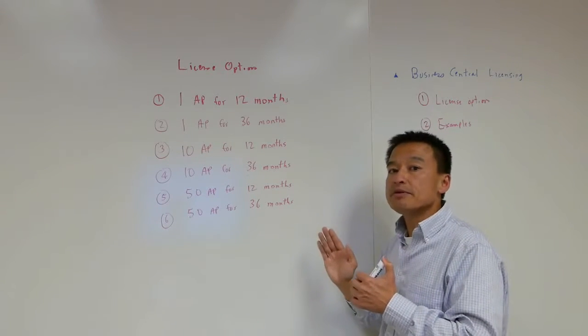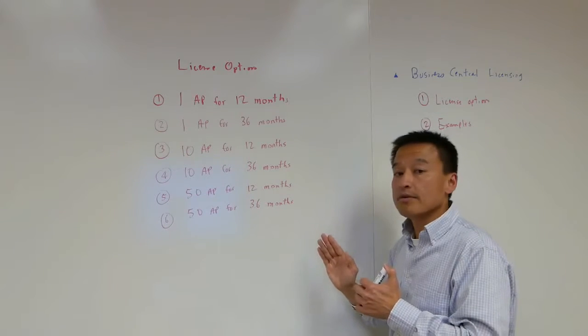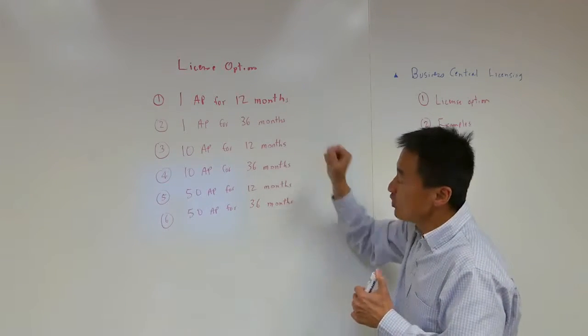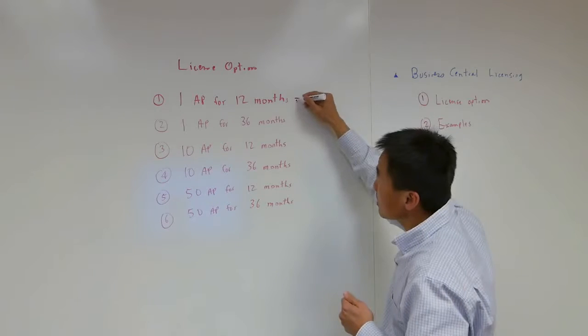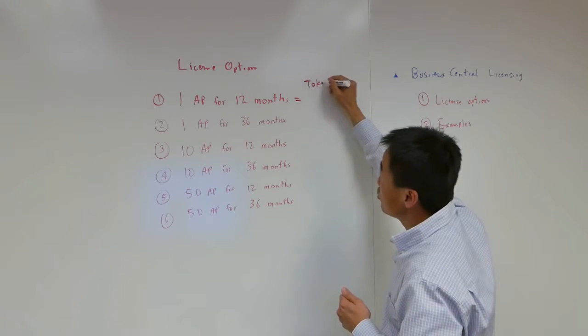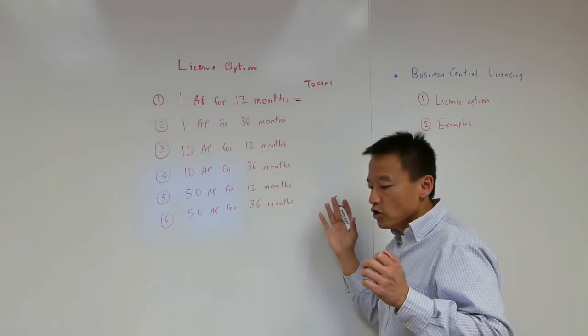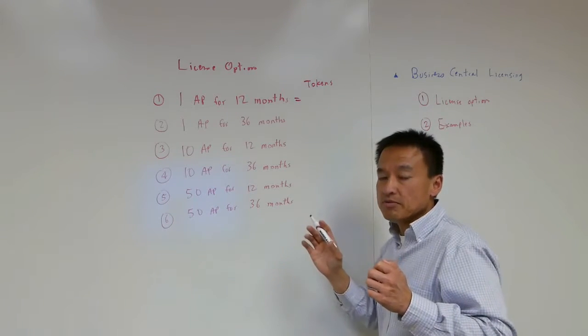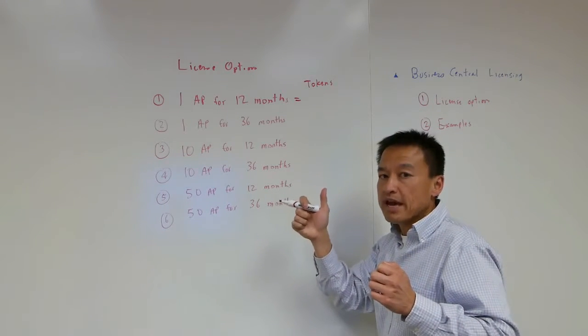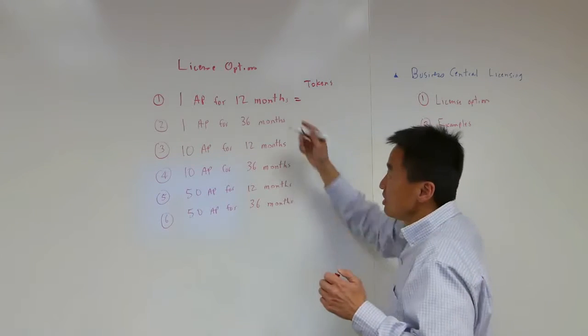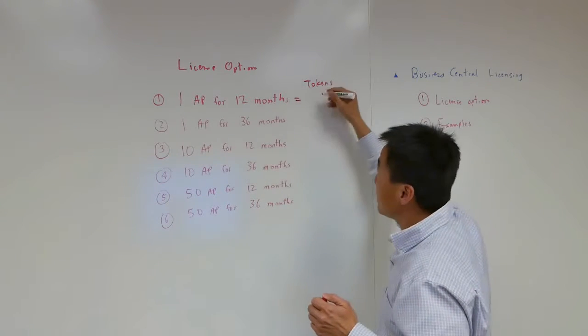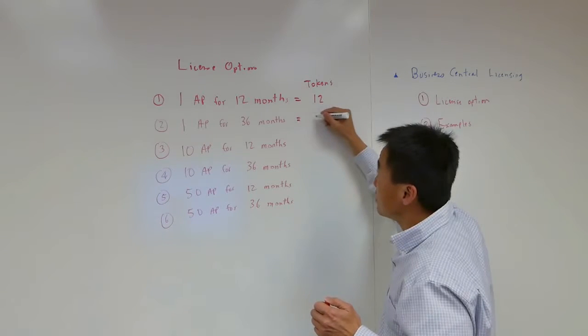With that concept in mind, we created a concept called token. Imagine each one of these, you can translate that into a number of tokens. Number of tokens, you can think of just as the number of tokens that you use to manage the AP. 1 token equals management of an AP for 1 month. You take this number, multiply by that, you get the number of tokens in the network.